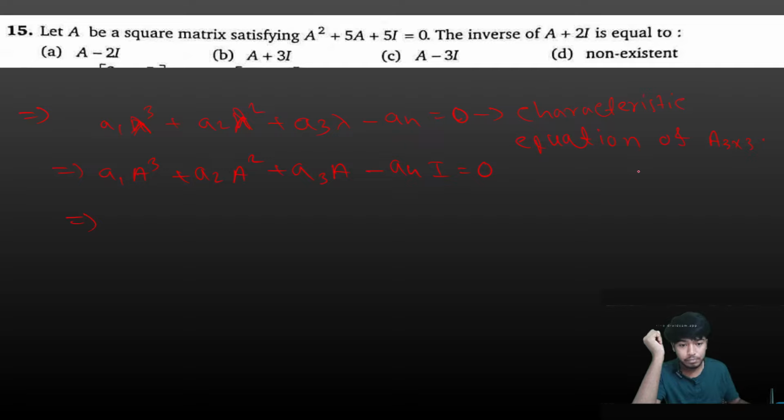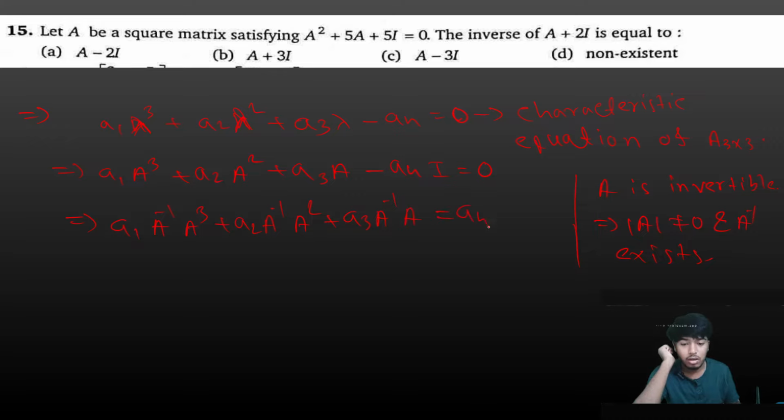Now if the given matrix A is invertible, that implies determinant of A is not equal to 0 and A inverse exists. If a question asks to find the inverse, that means the inverse exists. So now I multiply both sides by A inverse: a1 A square plus a2 A plus a3 identity equals a4 A inverse.